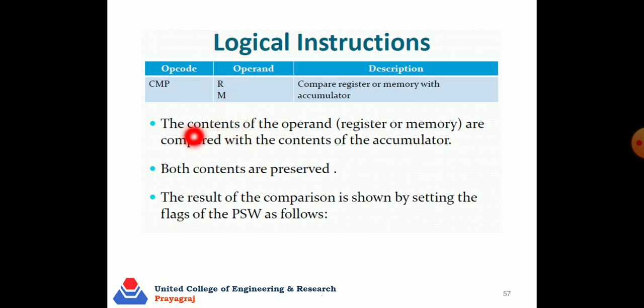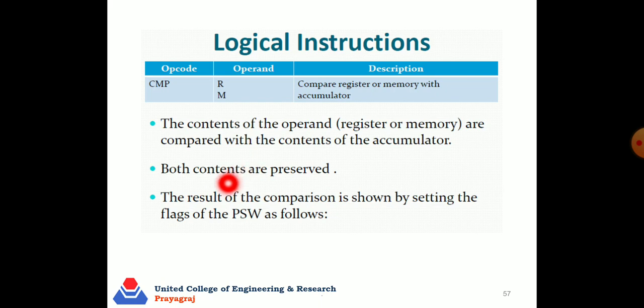The content of the operand register or memory is compared with the content of the accumulator. Both contents are preserved, meaning there is no change in the accumulator or any other register. Only the data is compared.